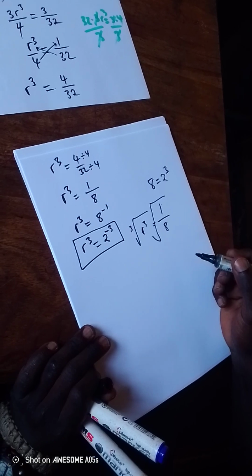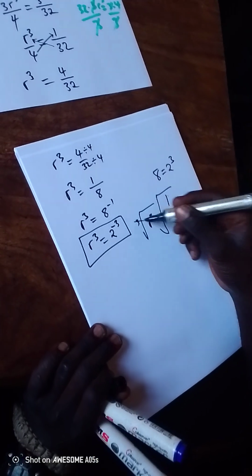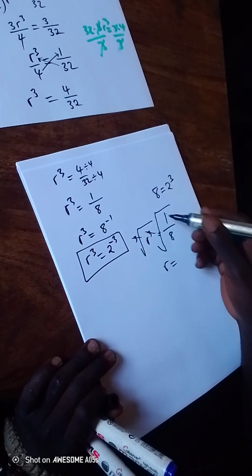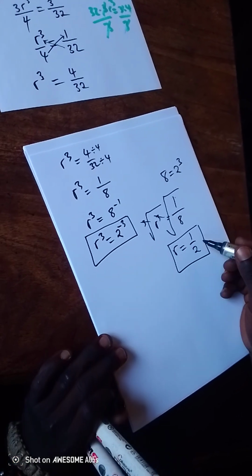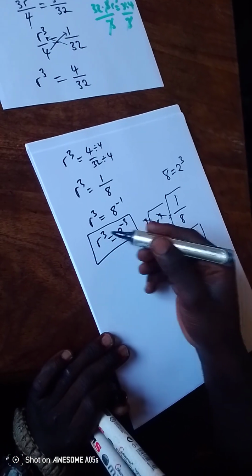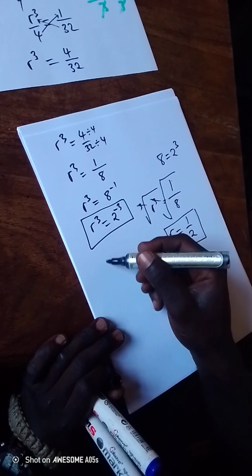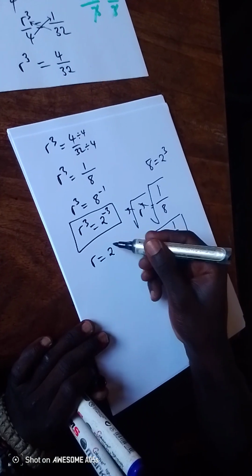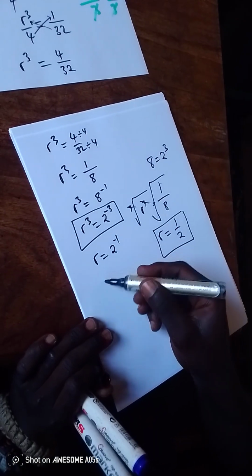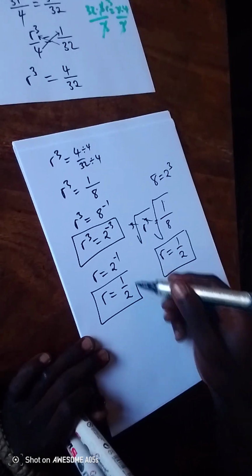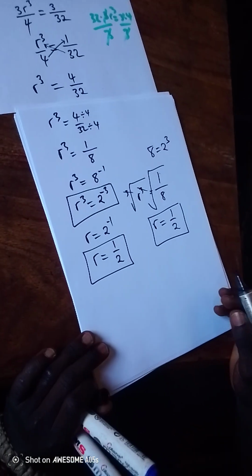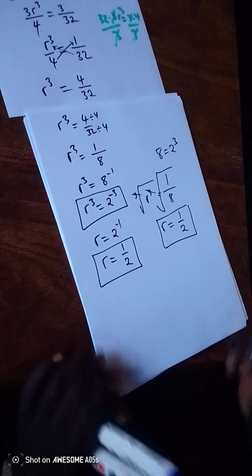So we cancel out, and then R equals 1 over like that. So that is the answer we expect. At this point we are going to ignore the 3's, which is giving us 2. Then we know that this can now be written as 1 over 2. So that is the value for R.